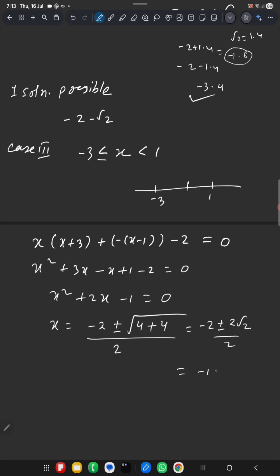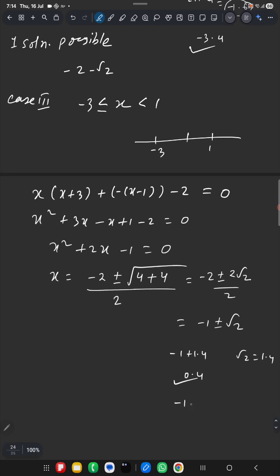This gives minus 1 plus minus root 2. Root 2 is 1.4, so minus 1 plus 1.4 gives 0.4. It lies in this interval, yes. Now for the negative, minus 1 minus 1.4 gives minus 2.4. Is it lying in this interval? Yes, minus 2.4 will lie.